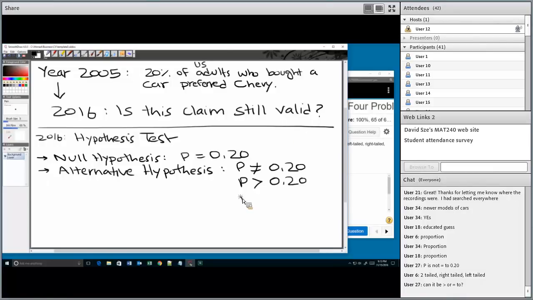As we practice, you'll understand what that means. And then obviously, if the brand has gone through some really tough times, then that proportion can drop, and maybe the alternative can also be less than 20%.